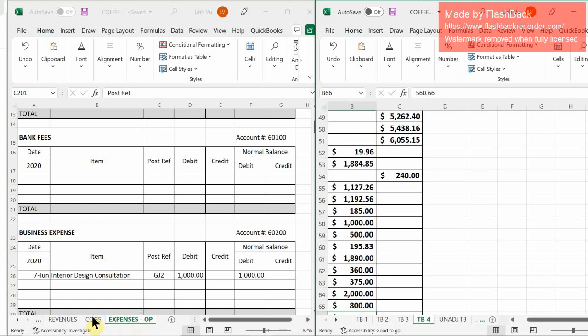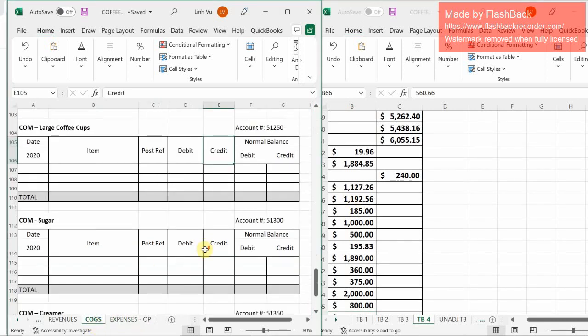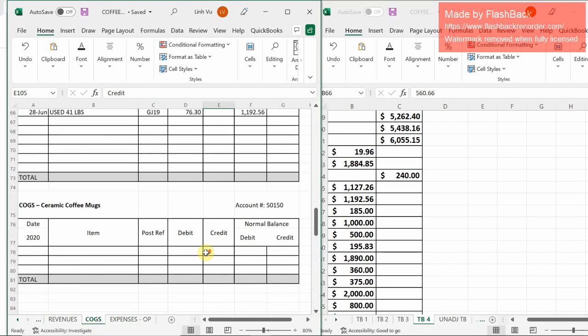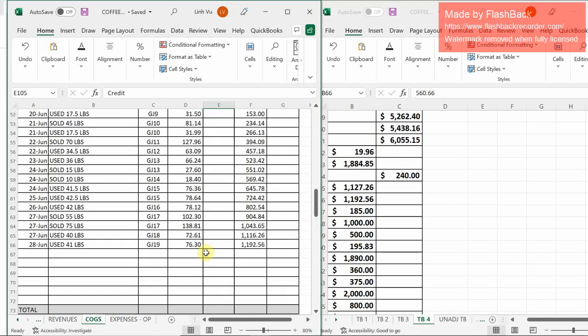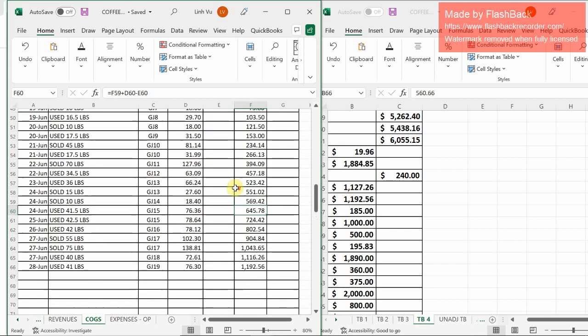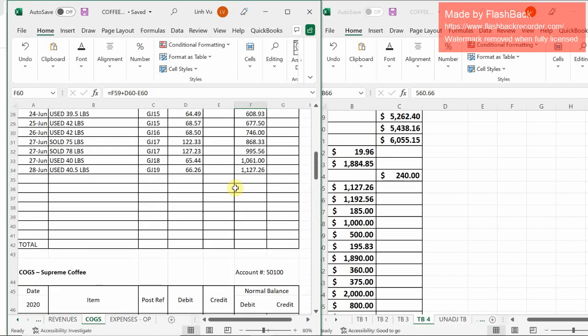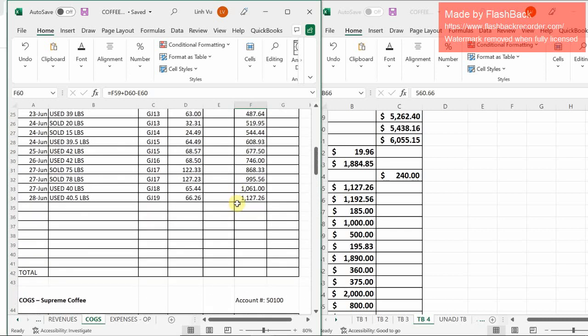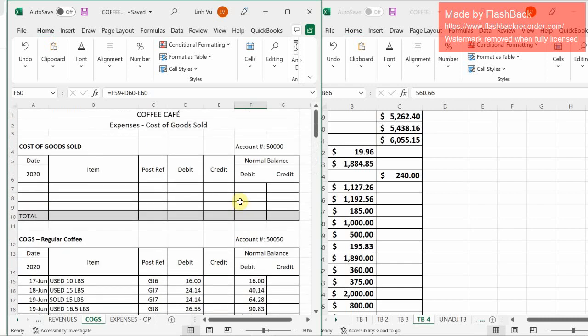Let me go to my cost of goods sold. I don't have anything else except for the cost of goods sold for my Supreme coffee, which is $11.92.56, and then my regular coffee is $11.27.26. So yeah, those look correct.